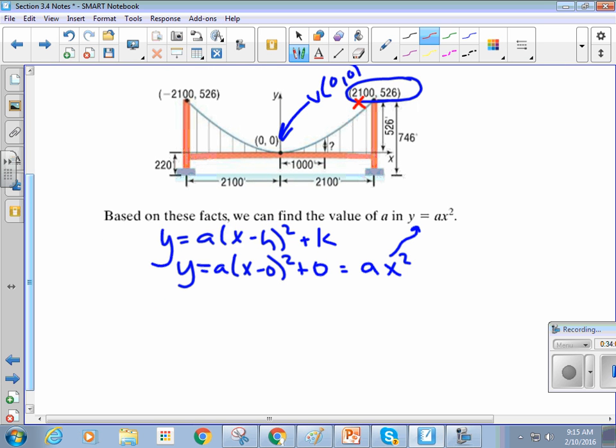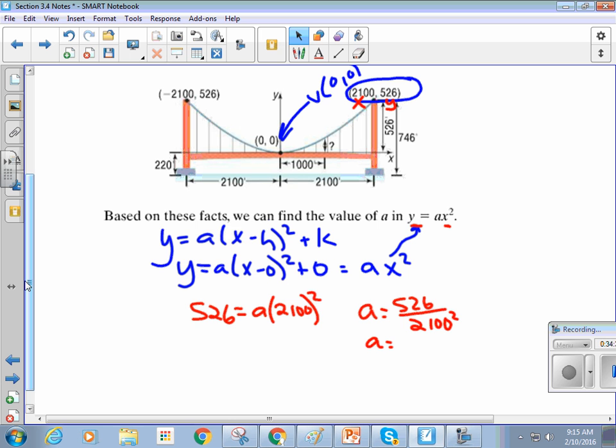So this is going to be my x and this is going to be my y, and we're going to use that to solve for a. So a is equal to 526 divided by 2,100 squared. So let's go ahead and calculate that on our calculator.